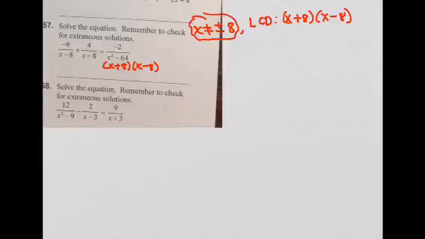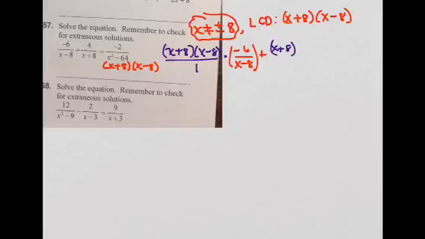So let me just change the color a little bit. So x plus 8 times x minus 8 times, and you could put it over 1 if you'd like, negative 6 over x minus 8, plus x plus 8 times x minus 8 times 4 over x plus 8.